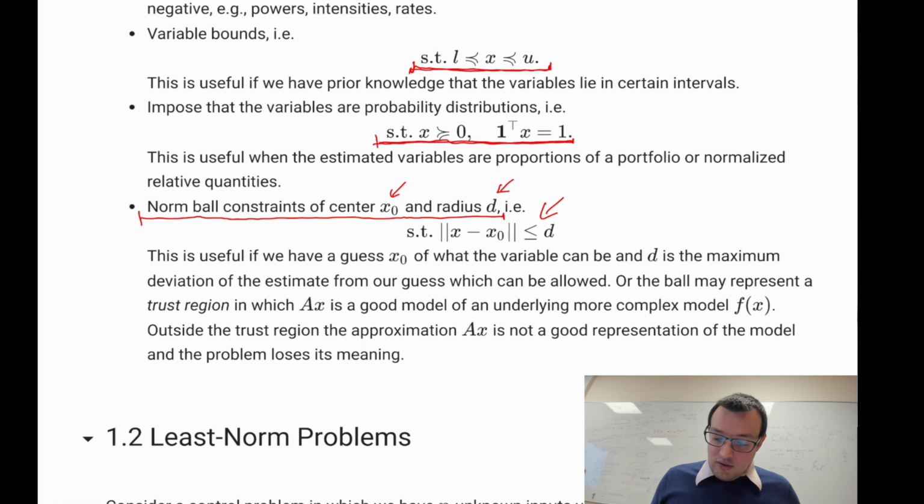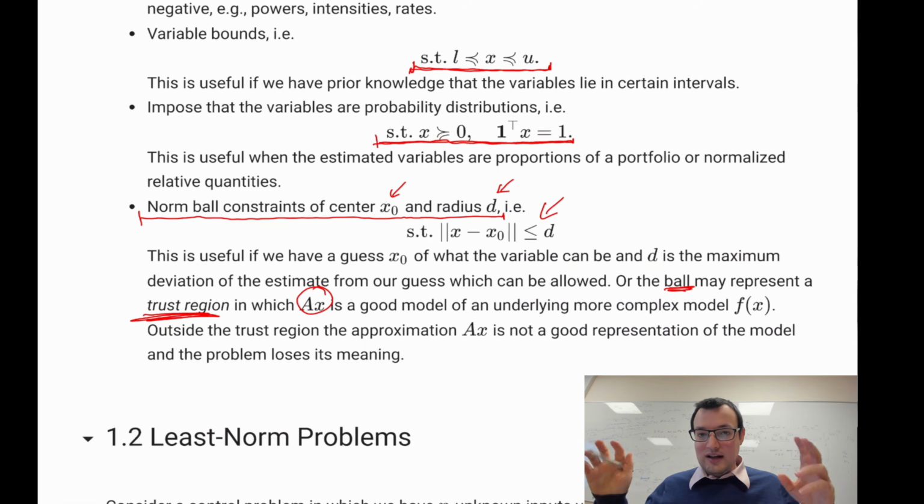As I said, the ball represents a trust region, and one possible way in which this problem arises is when we know that A times x is a good model of our underlying function f of x, which however is nonlinear.